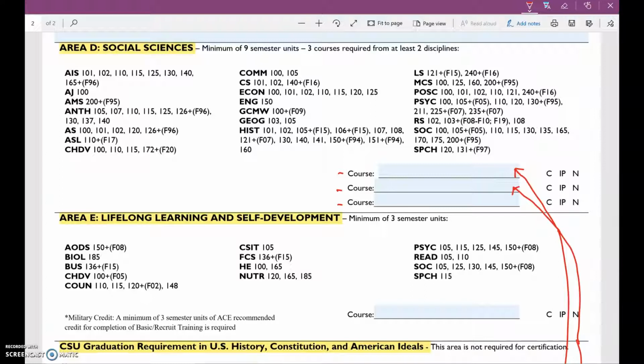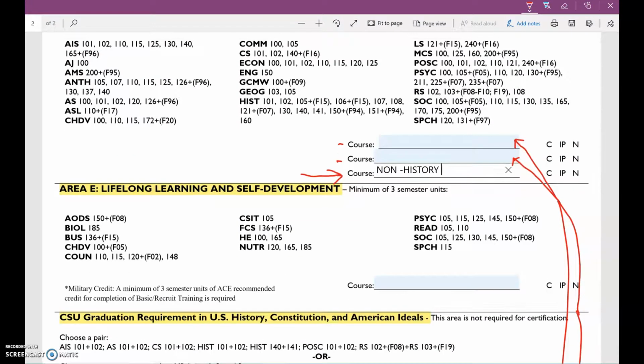Okay, so if you use 2 history classes to cover Area D, then you're left to choose one. And it has to be a course that is not history related, because they do want 2 different disciplines. Okay, so this would be a non-history course, so something like psychology or sociology. You have lots of options here.